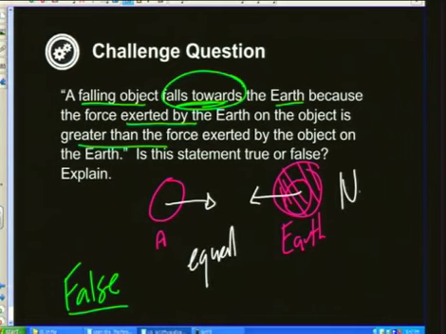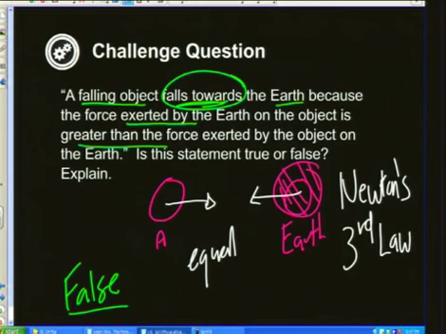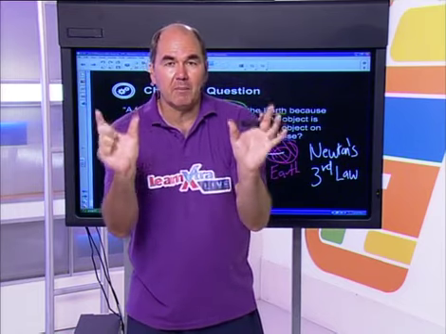And the reason for that is Newton's which law? Third law. If body A exerts a force on body B, then body B will exert a force on body A that is the same magnitude. They'll be equal in magnitude, but opposite in direction. And this universal law of gravitation is an ideal opportunity to explore that law and to revise it.